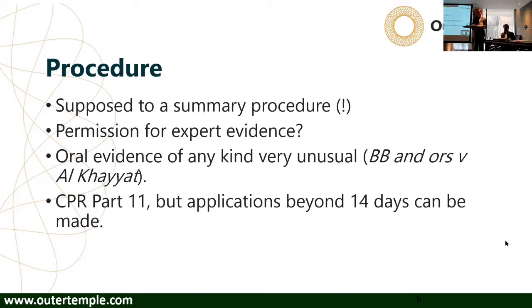It's understandable that lawyers doing the best by their clients are going to introduce lots of evidence, and indeed expert evidence in most cases. So in terms of what next for forum non conveniens, I think that gripe by judges is one of the things that's probably not going to change.